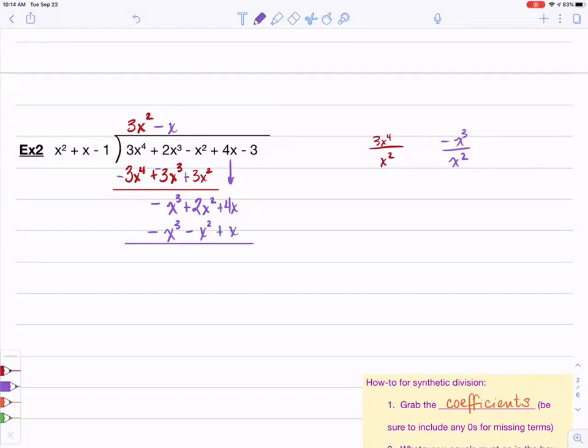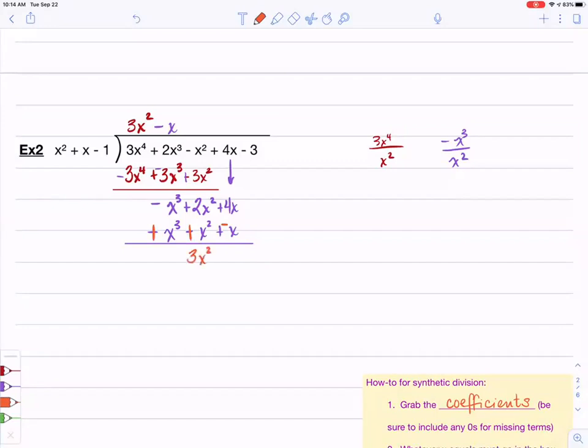What's the next step in the list? Subtract. So I'm going to change colors again. And since I'm subtracting every single term down there, every single term has to change signs. So combine your first two terms and what do you get? Okay, not going to write that down. Somebody else, combine your second two terms. What do you get? 3x squared.